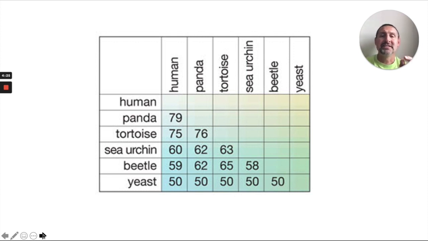The thinking is the more similar the DNA, the more similar or the more related the organism. So yeast are more simplistic, and they are not nearly as related to humans as pandas would be, because pandas share a larger sequence of the DNA together. And generally, that's how the chart is interpreted.